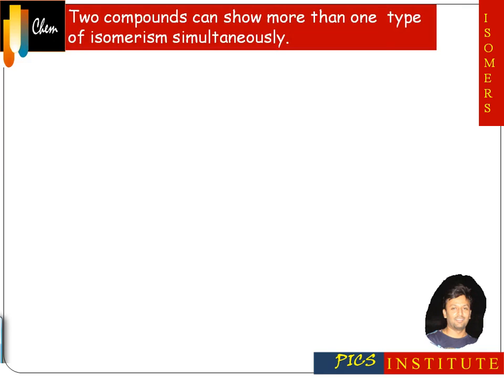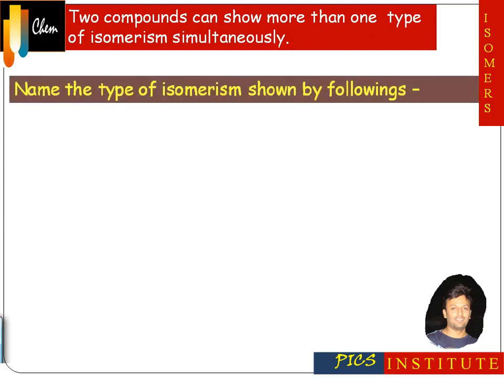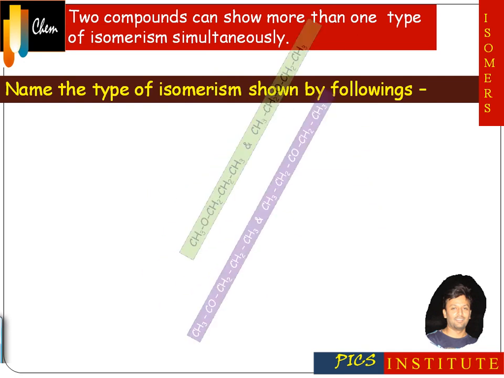Now always remember, 2 compounds can show more than one type of isomerism simultaneously.